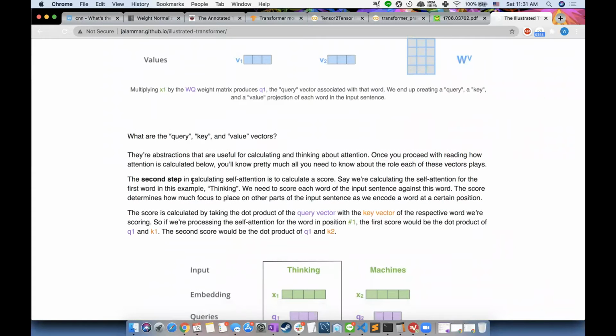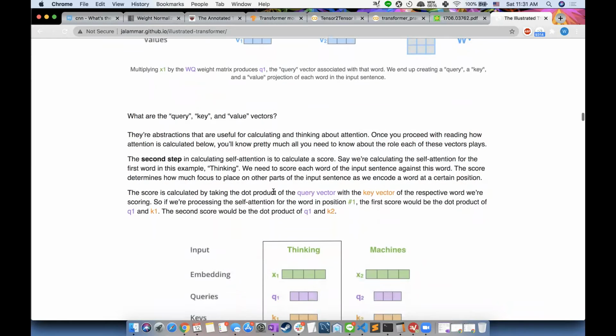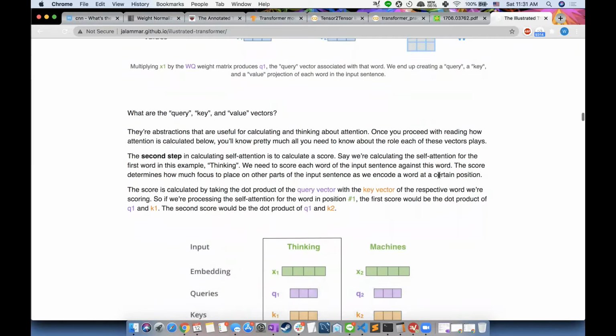The second step in calculating self-attention is to calculate a score. Say we are calculating self-attention for the first word in this example, thinking. We need to score each word of the input sentence against this word. The score determines how much focus to place on other parts of the input sentence as we encode a word at a certain position.